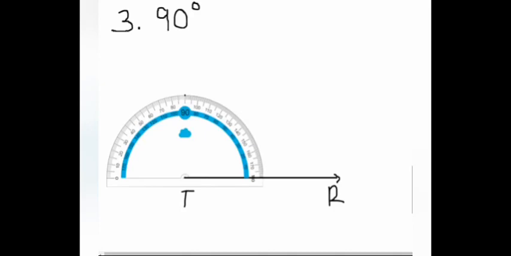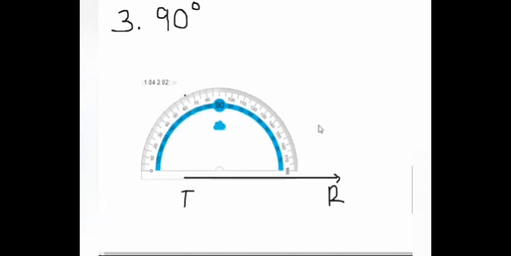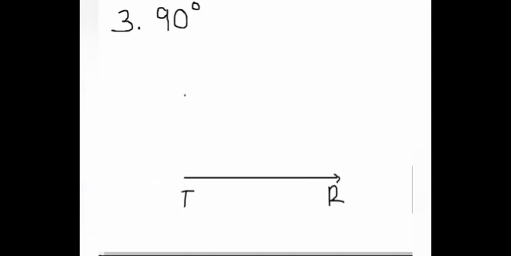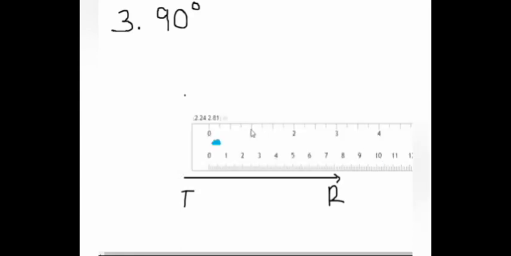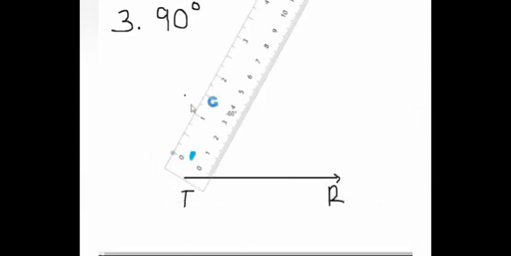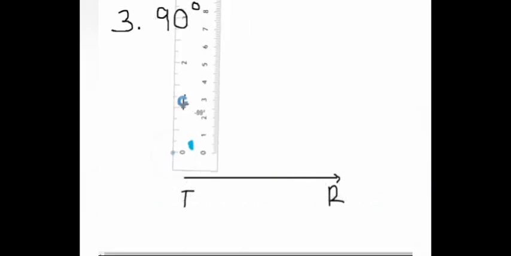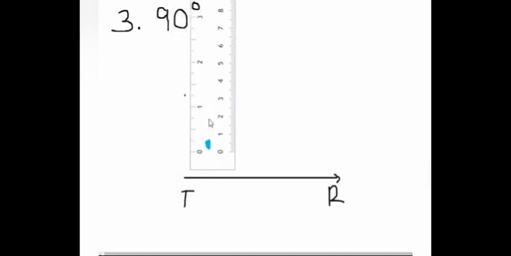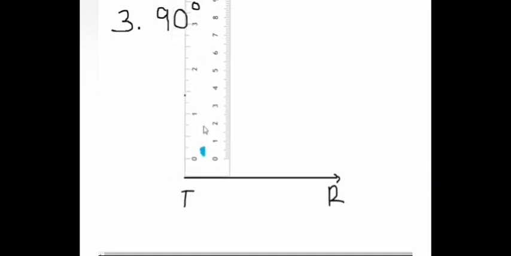Now I'll lift the protractor, keep it aside, take the scale once again. Now I'll take the scale in a vertical way so that it will join vertex T and the 90 degree mark exactly.